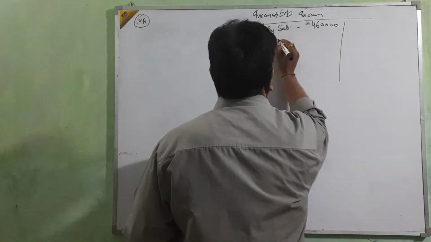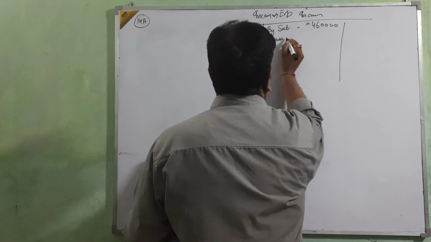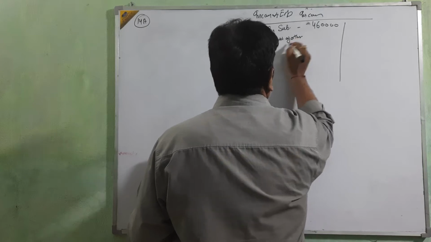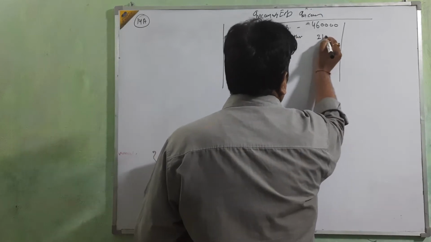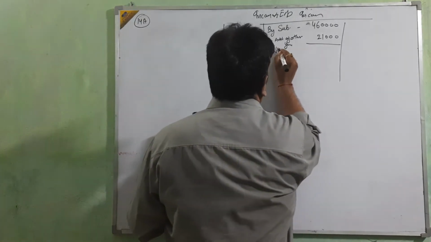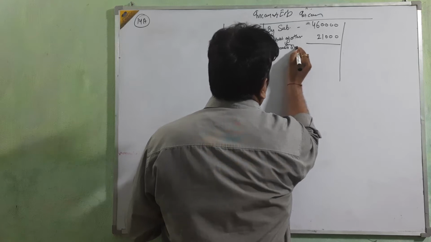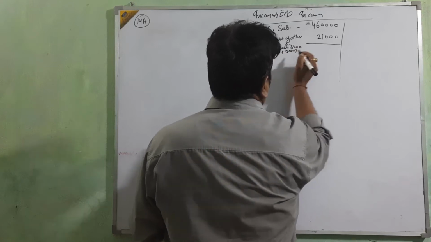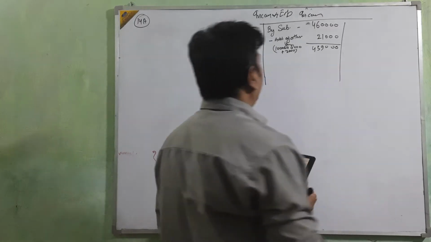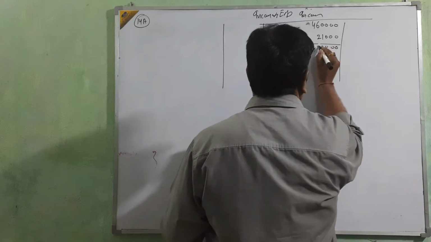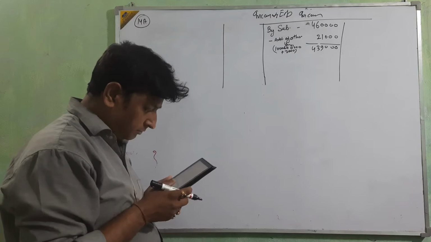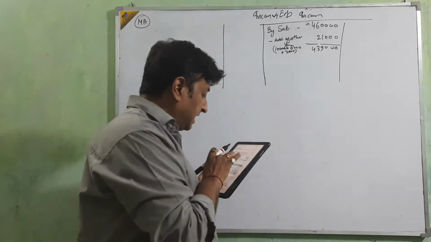So less advance of other years, the total amount is 21,000, beta. It's 10,000 plus 8,000 plus 3,000. What amount is coming, beta? 4,39,000. Clear?